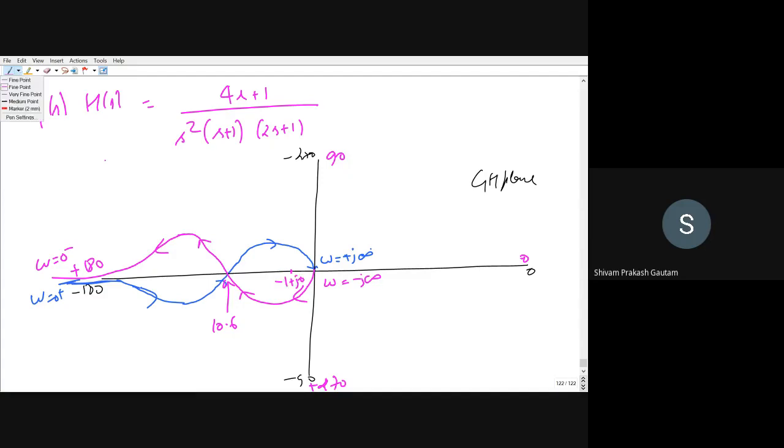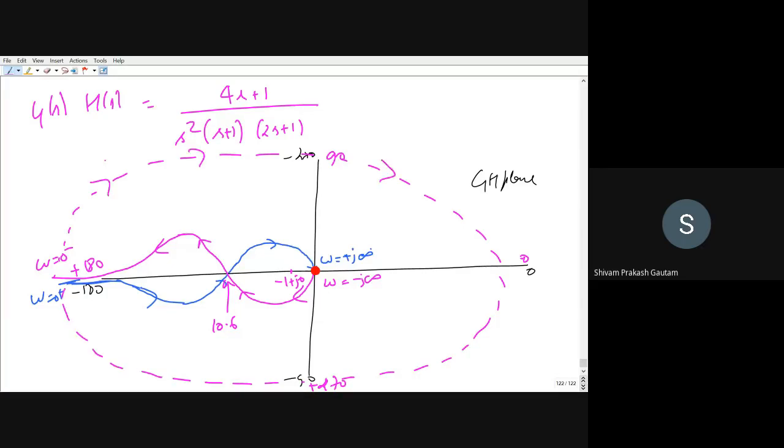The bigger semicircle in Nyquist contour is a dot in the GH plane, and the smaller circle is like this. It is going from 0 minus frequency to 0 plus frequency.